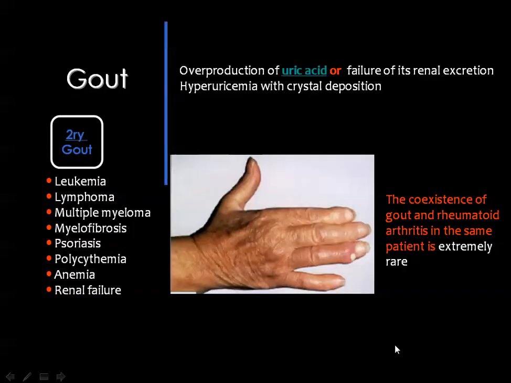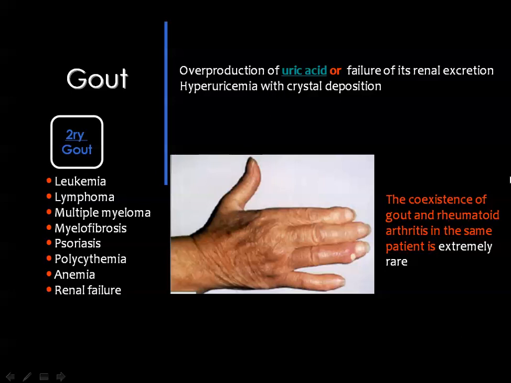Then gout is a metabolic bone disease related to overproduction of uric acid or failure of uric acid excretion by the kidney. In both conditions, there is hyperuricemia with crystal deposition, and this crystal deposition will be near the joints, especially those of the foot and the hands.